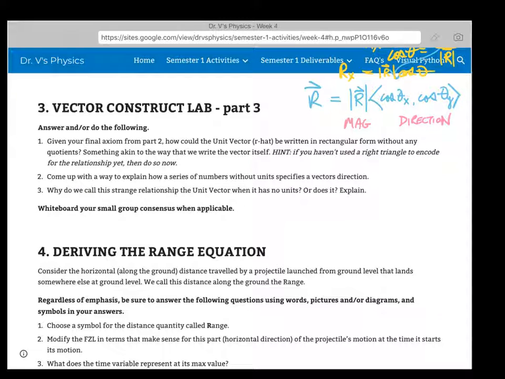So this question here, come up with a way to explain how a series of numbers without units specifies a vector's direction. Well, it's because they're cosines. That's what they do. They specify a direction because they are the cosine of an angle.